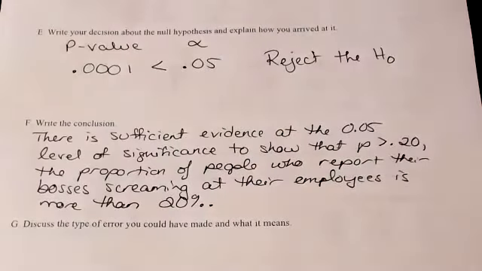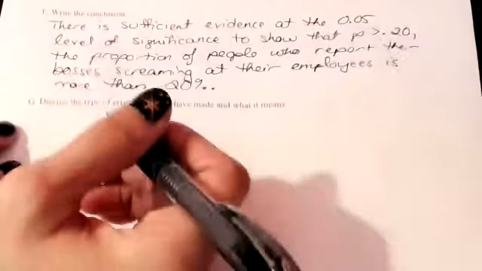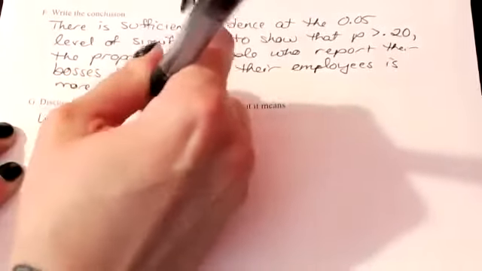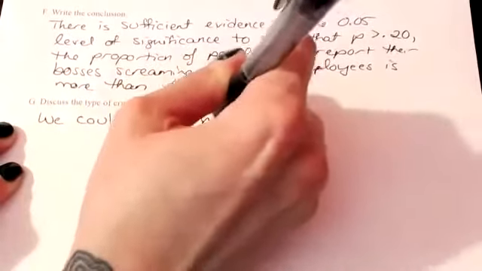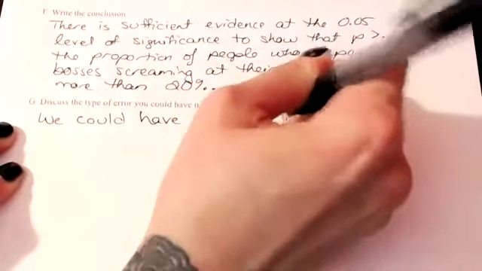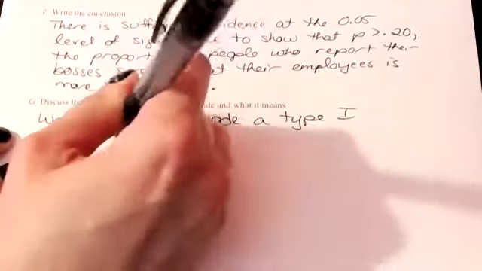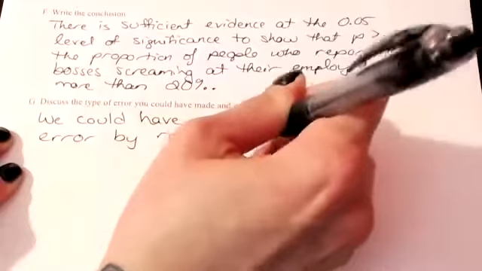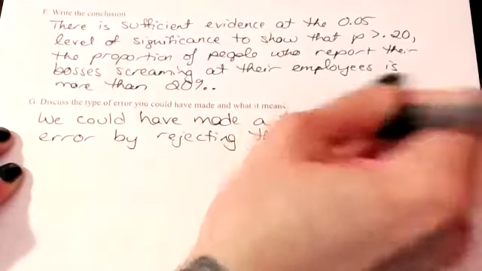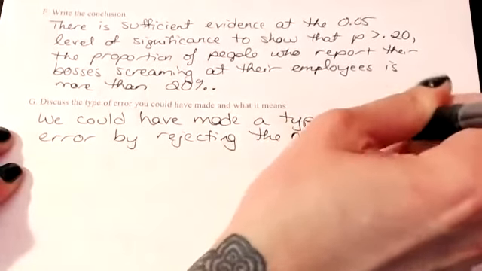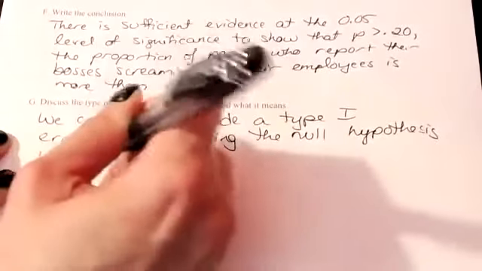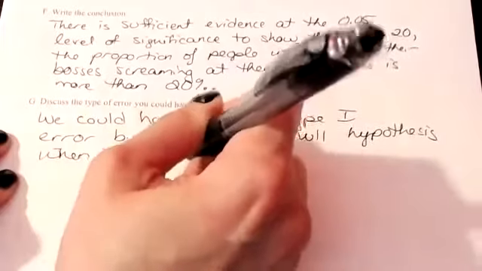So we are going to write, we could have made a type 1 error by rejecting the null hypothesis when it was actually true. That could have happened.